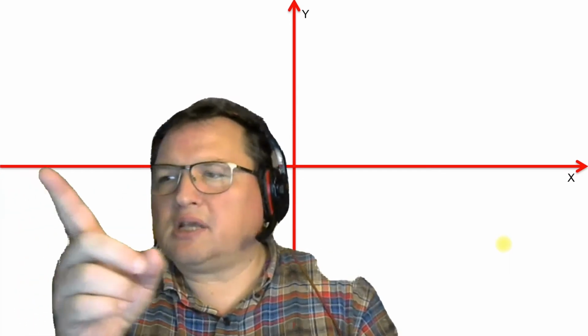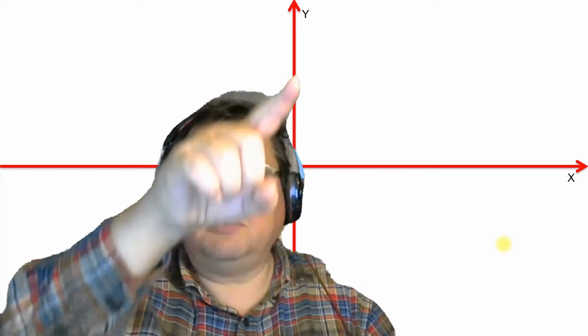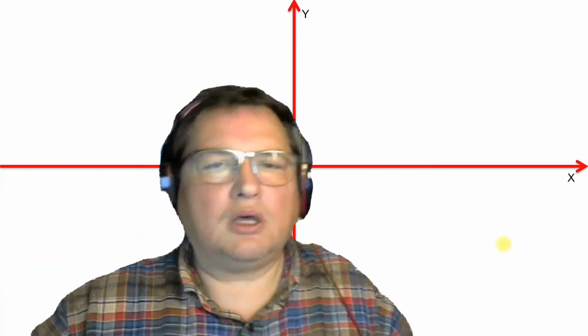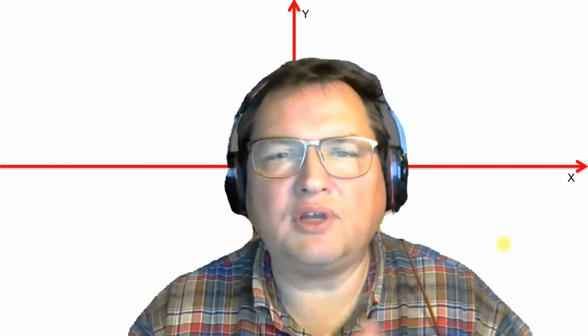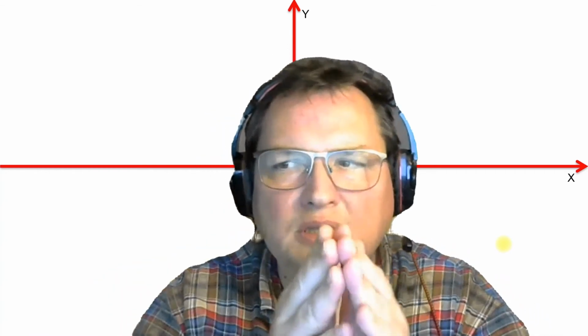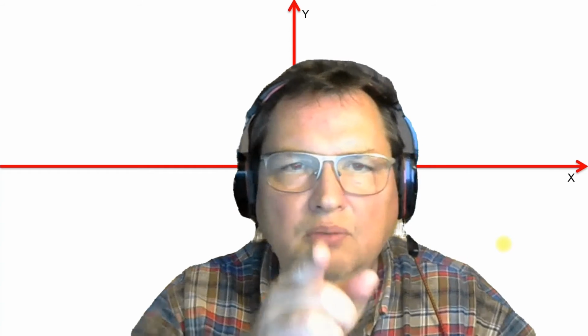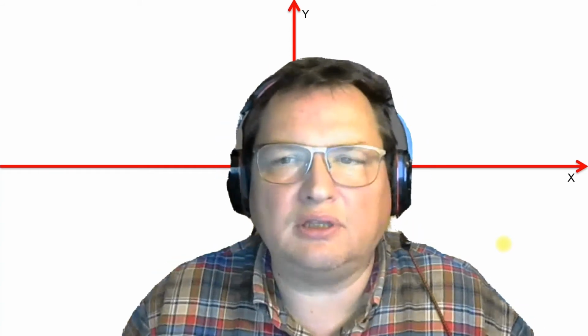So there is the x-axis running across the screen along its length, and the y-axis going from the bottom to the top. The main difference is that the center of this coordinate system is somewhere here, somewhere in the center of the screen.